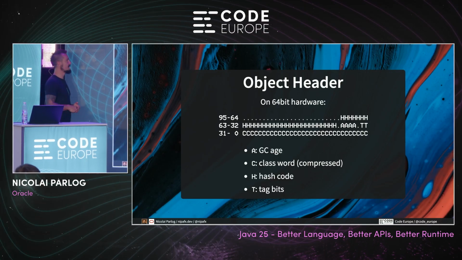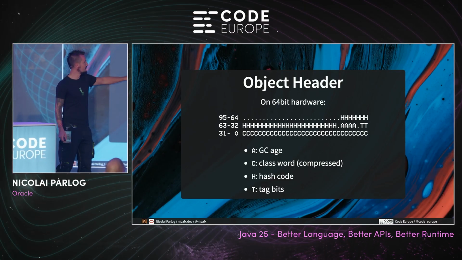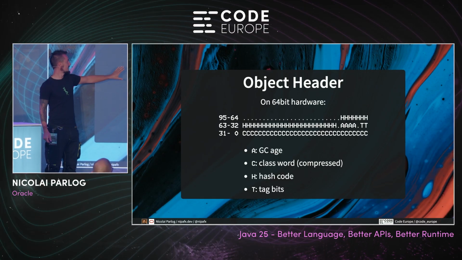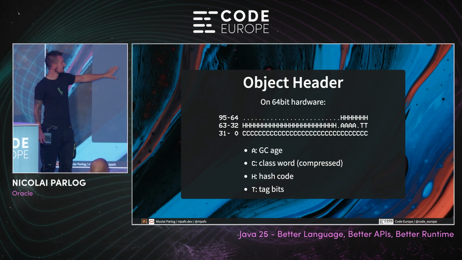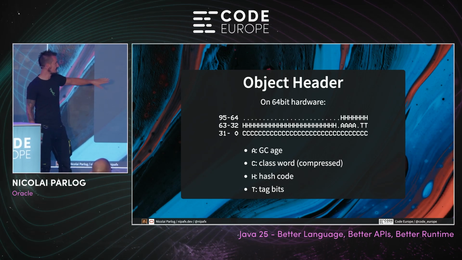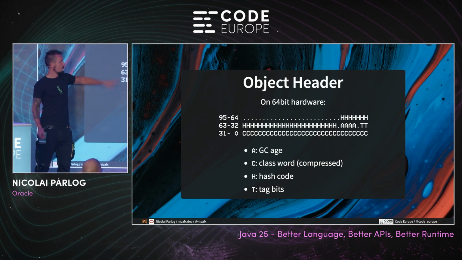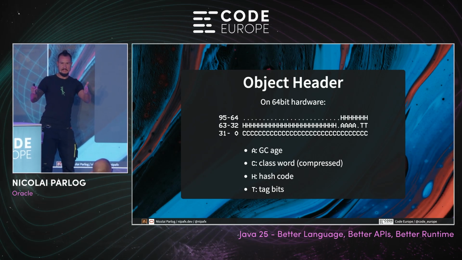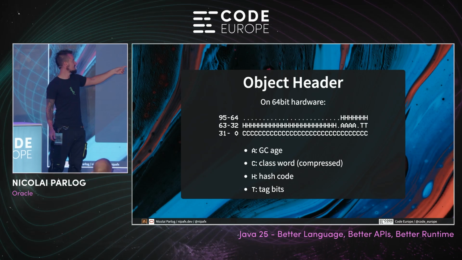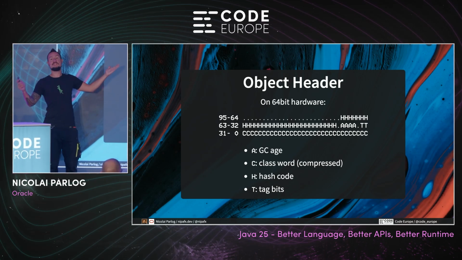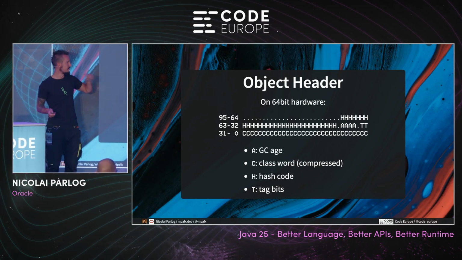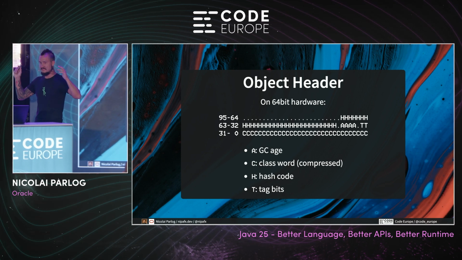On 64-bit hardware, this is the most likely layout that you would have on JDK 24 and before, or even on 25 still, we're going to come to that. Which means, however large the data in the object is, on top of that come these 96 bits of extra information. And the dots are free, by the way, so there's a lot of free bits here.